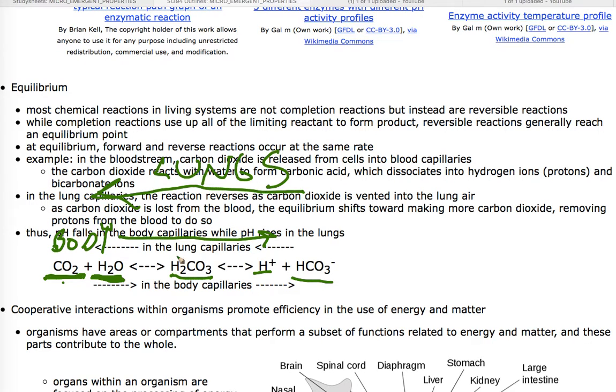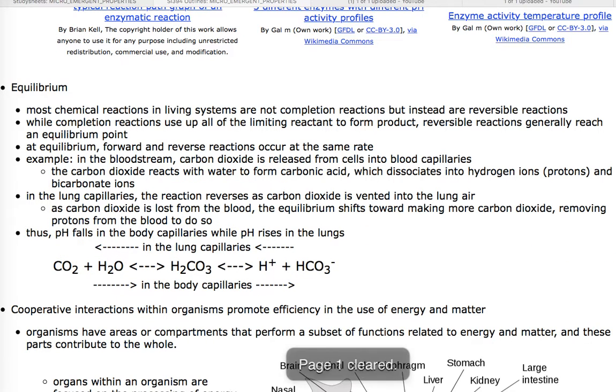The reason this is, in the body cells, carbon dioxide is high, so the equilibrium moves to the right and produces bicarbonate. But in the lungs, carbon dioxide is low, so bicarbonate and protons react together to form carbonic acid, which in turn disintegrates into carbon dioxide and water, and we exhale the carbon dioxide out of the body.